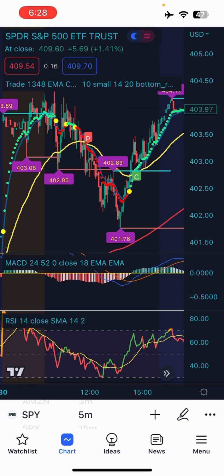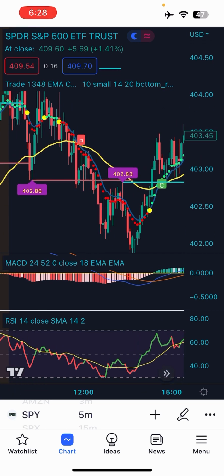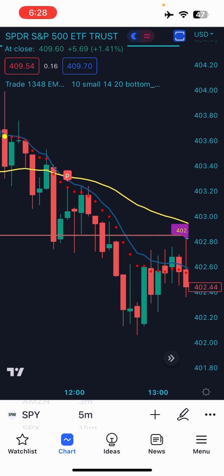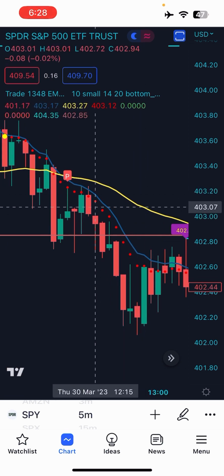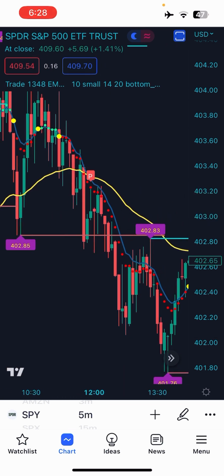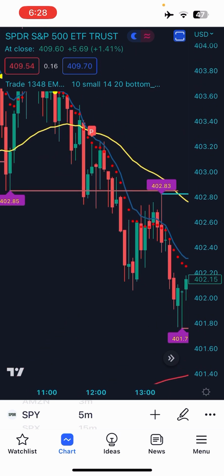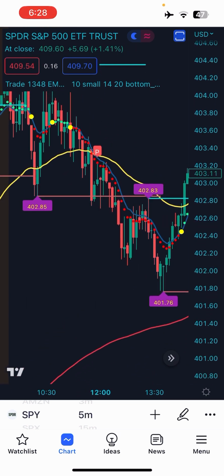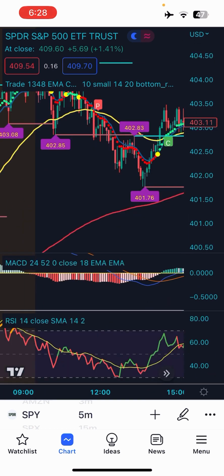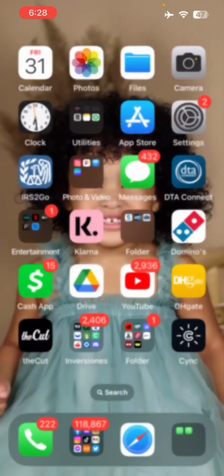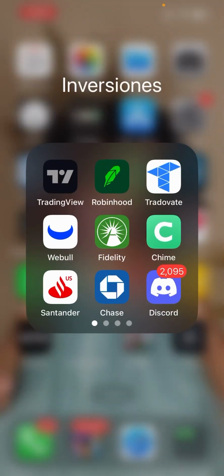EMAs are lines that we use on the charts, like this yellow line, or this blue line right here, or this red line right here. To have this specific chart that I have, you just need TradingView.